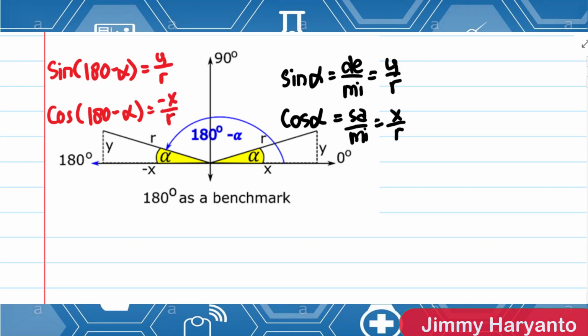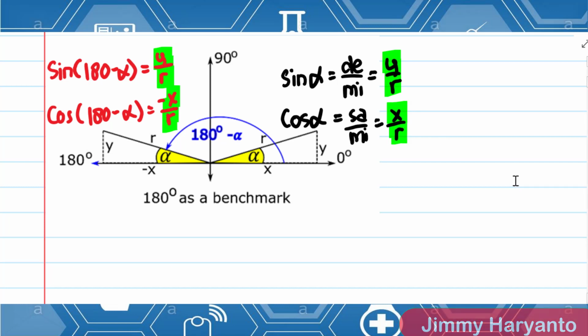Although the sign is different, for quadrant 1 cos is positive and for quadrant 2 cos is negative, the values are the same. Take a look at this. The value of sine y over r, this one also y over r, is the same. X over r, this one is also x over r, is the same. So for 180 degree we don't have to change the trigonometry, but for 90 degree we will see in the next graph.